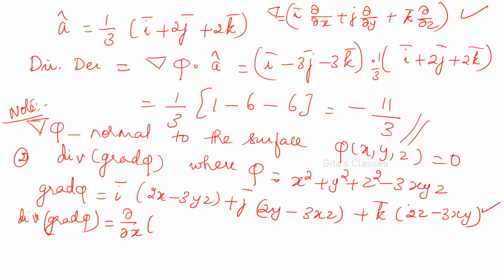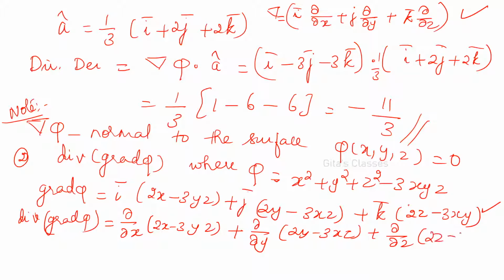So dou by dou x of 2x minus 3yz plus dou by dou y of 2y minus 3xz plus dou by dou z of 2z minus 3xy. So this is 2 plus 2 plus 2, therefore 6 is the answer.